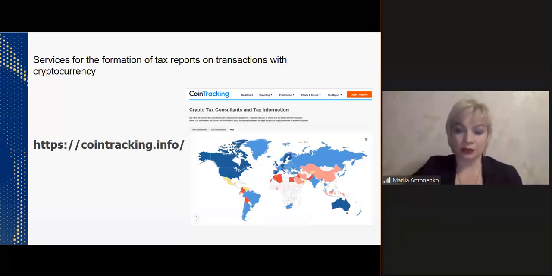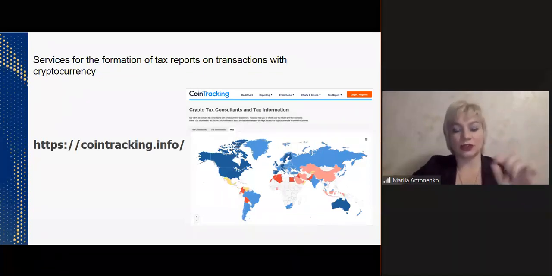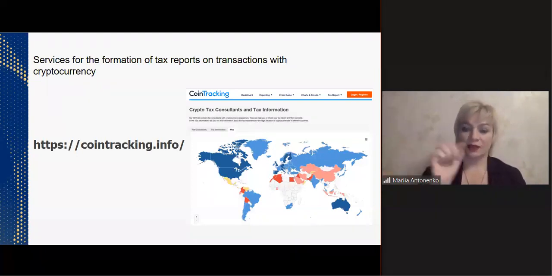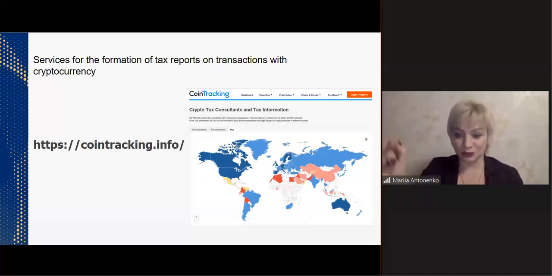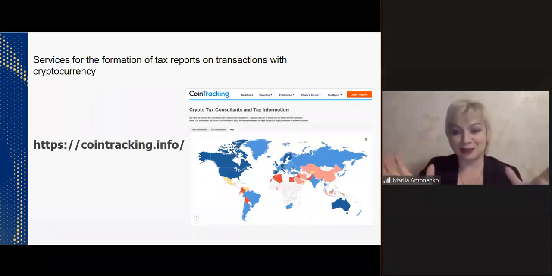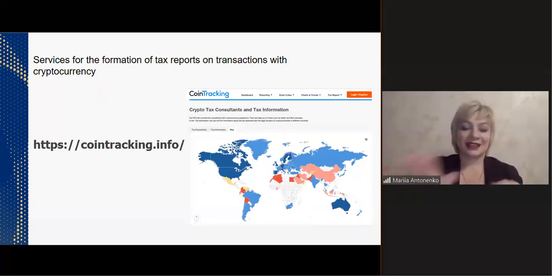They have a lot of exchanges they service and a very convenient map. When you go to cointracking.info, you will find a map. You find your country.